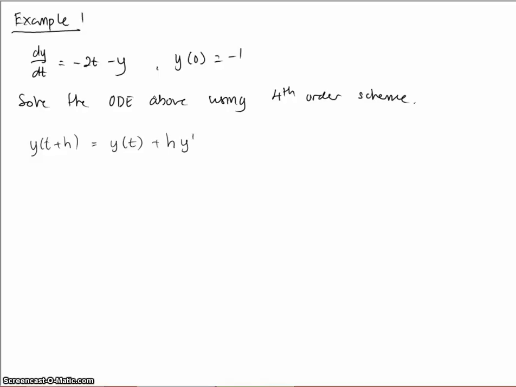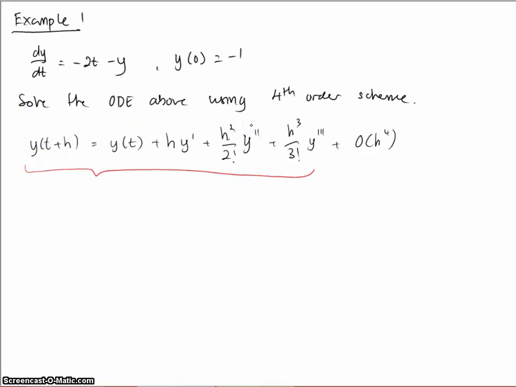Because we want a fourth order scheme, we want our Taylor series to be accurate to order h to the power 4. So we take the terms y double prime h squared over 2 factorial and y triple prime h cubed over 3 factorial, and this would be accurate up to h to the power 4. To get a fourth order scheme, we need to take terms up to y prime, y double prime, and y triple prime.